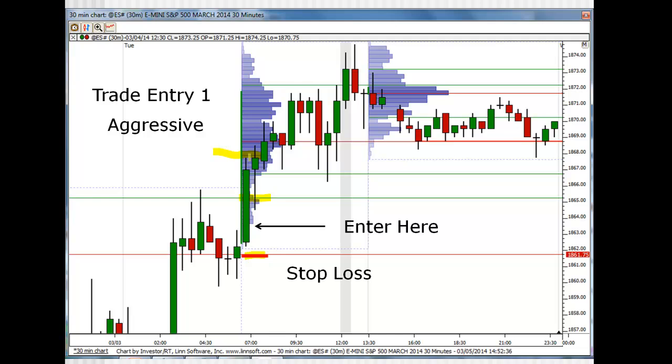So the key is once the high of this candle is taken out, that's an indication we are probably going to move higher. And the opportunity for when to enter the trade should really be to wait until this next 30-minute candle closes rather than to enter immediately once we take out the high.